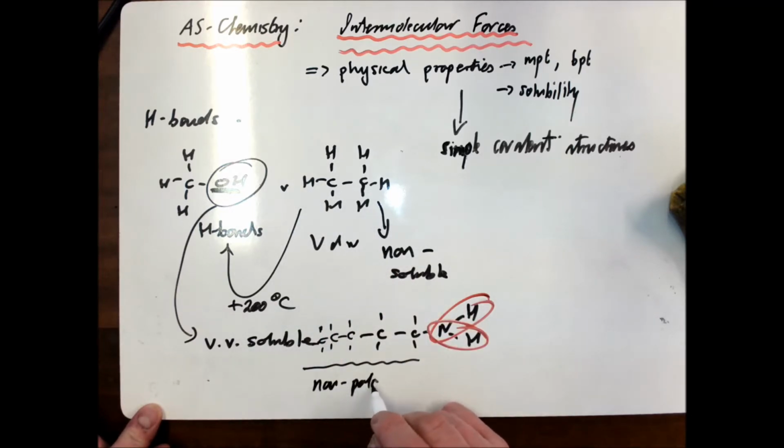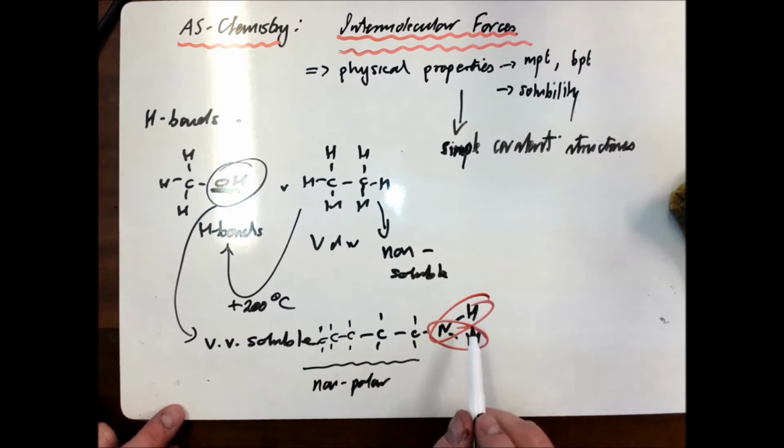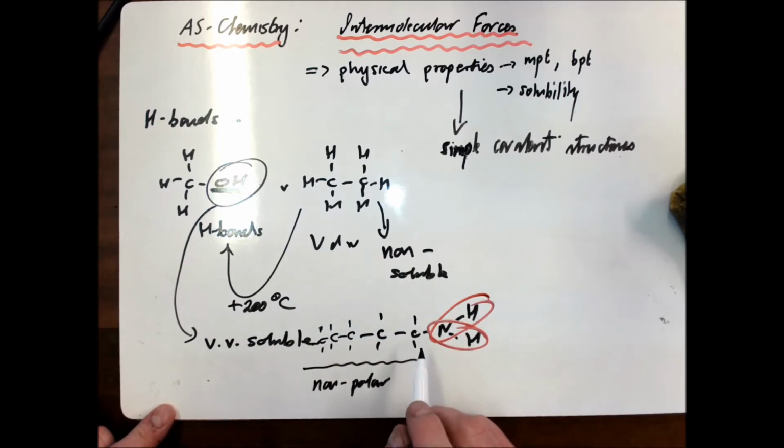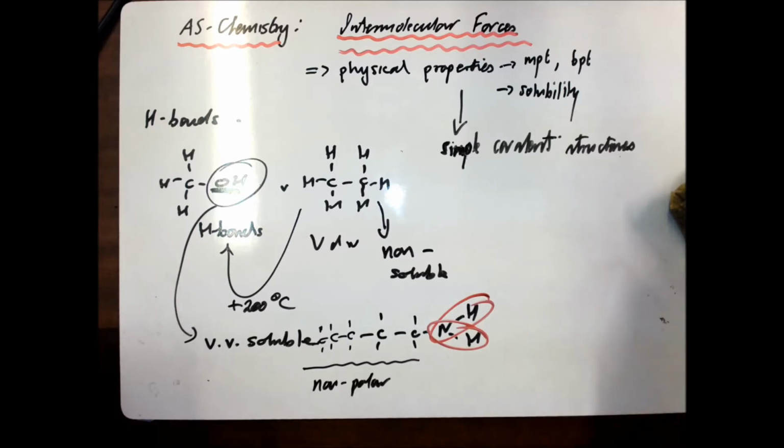And eventually when you make that carbon chain too long, this molecule will no longer dissolve in water. Even though it can hydrogen bond at this end, this non-polar or hydrophobic part of the molecule prevents it dissolving in water anymore. Okay?